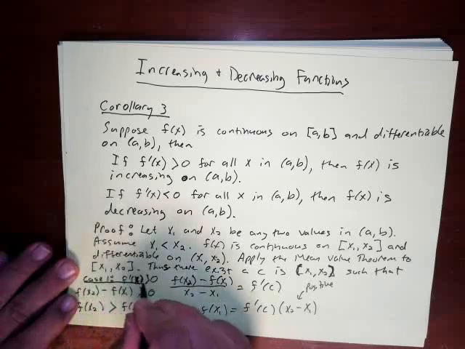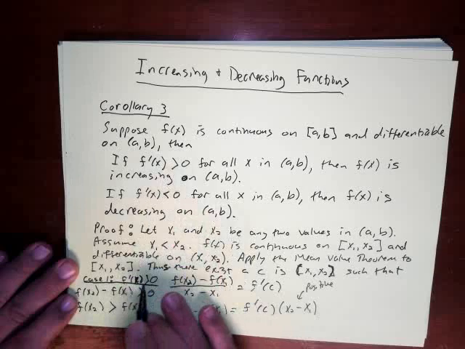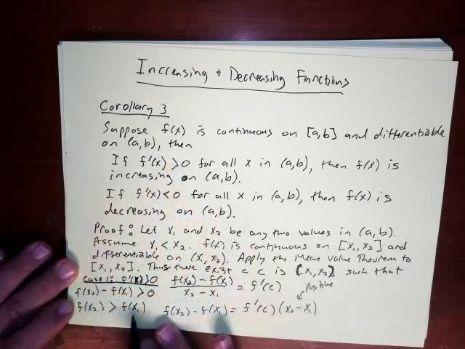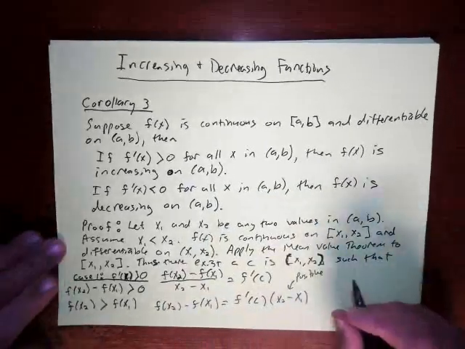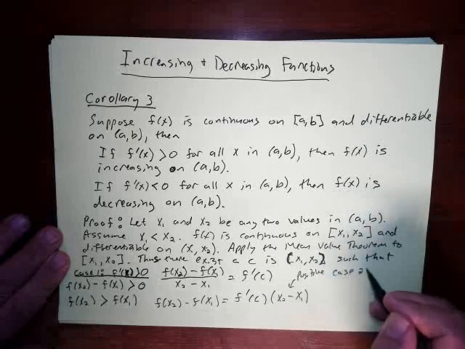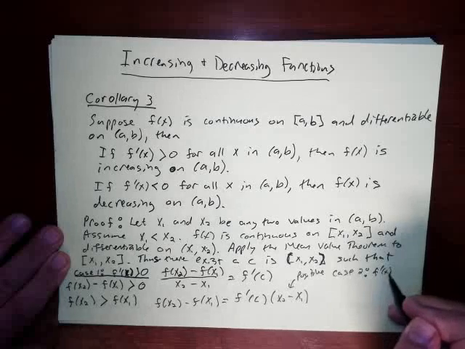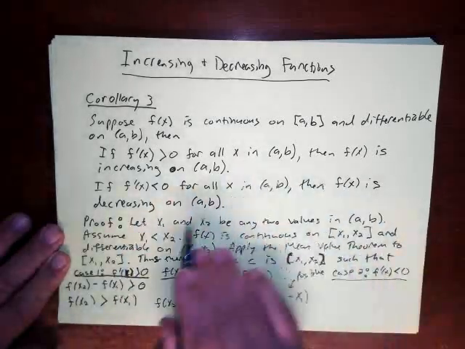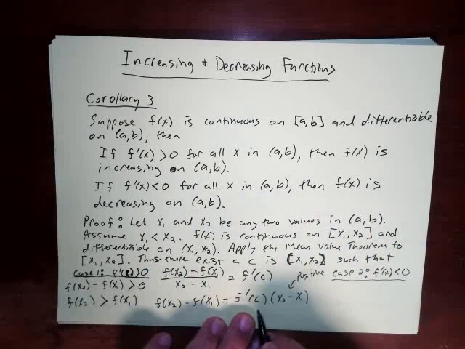So this is pretty straightforward. When the derivative is greater than 0, which is the first case, the function is going to be increasing, because these are any two x values in the interval. Case 2, you can probably already see: f prime of x is less than 0. In that case, this is positive and this would be negative.